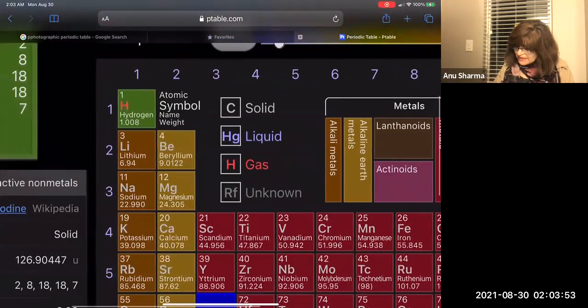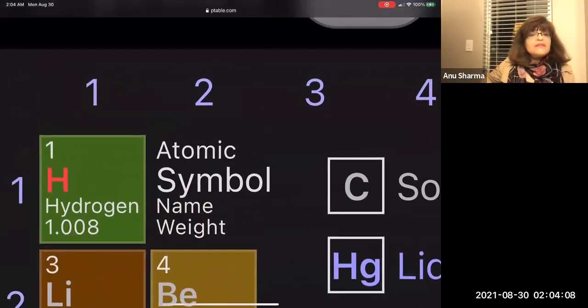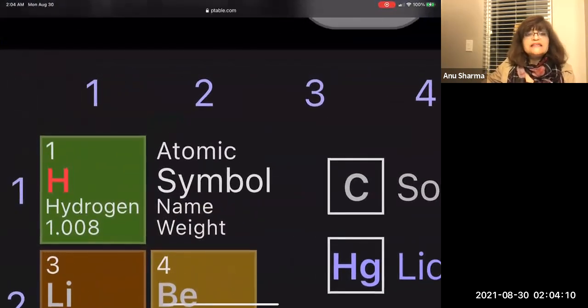Next thing is columns. These columns also represent the charge. Charge is when electrons are lost, a positive charge is formed. Okay, so all the elements that are in group 1A contain one electron in the last shell.